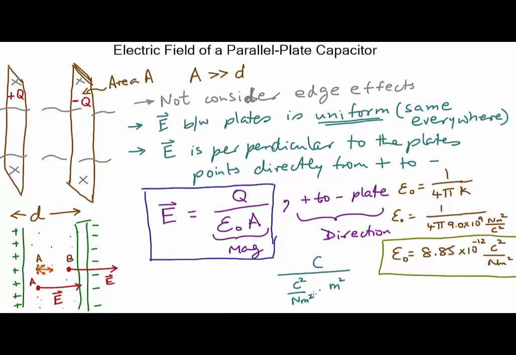Now you can see that this meter squared cancels this meter squared. This coulomb will cancel and just become 1 at the top, and it'll cancel one of these coulombs at the bottom, so the 2 will go away. So I ended up with 1 over Coulomb over Newton, which is the same as Newton over Coulomb, which is our unit of electric field. So we're good with the equation working in terms of units.